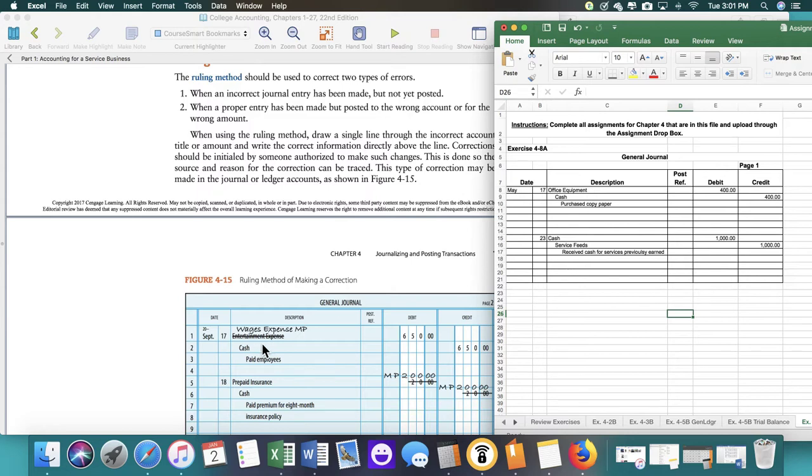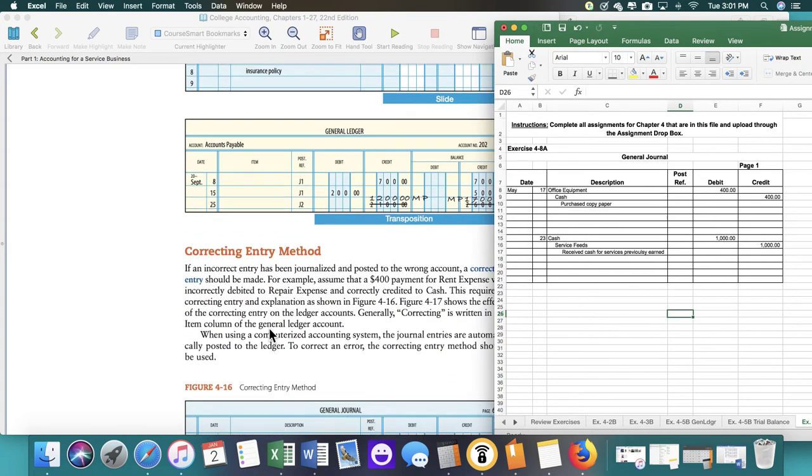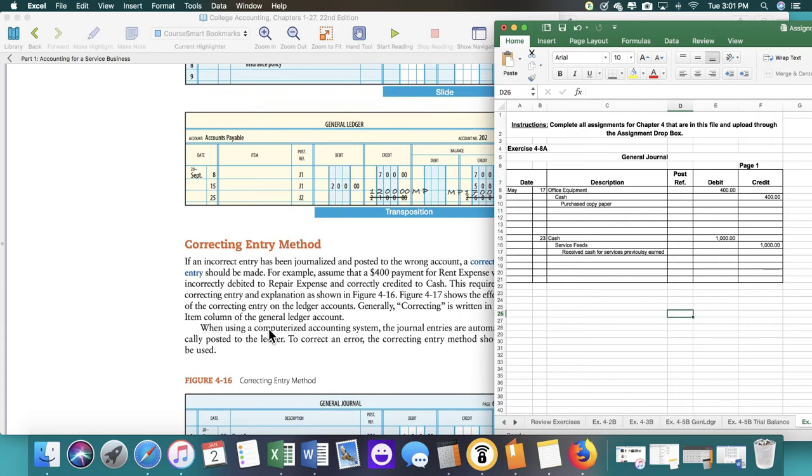So we're going to cross out the incorrect account and use our initials. And we're going to use that to record the correct amount.